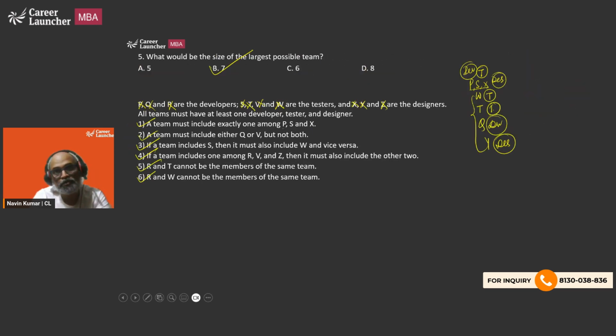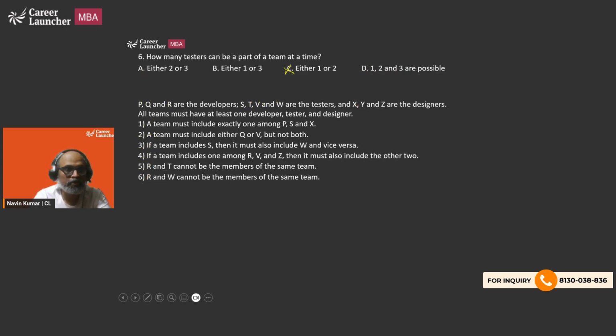So 1 tester, 2 testers, and 3 testers, they all are possible so far. So the only option that makes sense is D. So question number 6 is doable and is pretty quick to solve. We can pretty quickly solve it if we have solved the previous questions. It's just an accumulation of whatever we have solved so far.